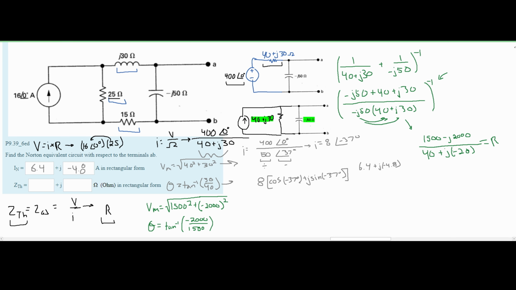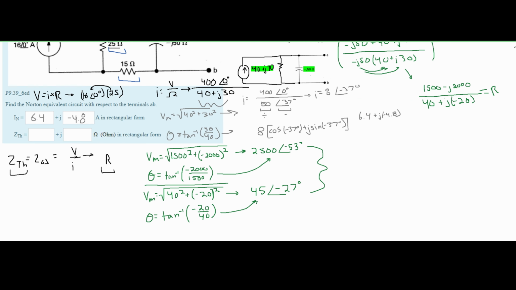And we're going to also do this for the denominator. From this, we are going to get these two values. So this is our denominator and this is our numerator. We are going to have 2500 with a negative 53 degrees over 45 with an angle of negative 27 degrees.